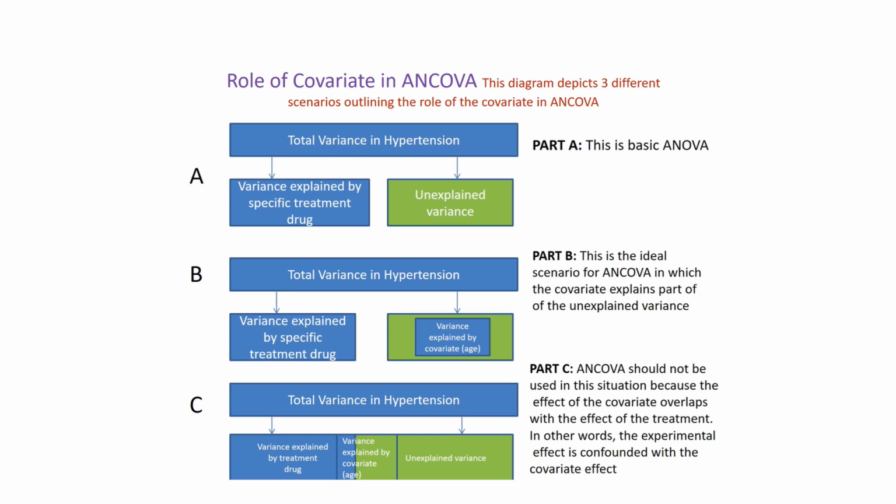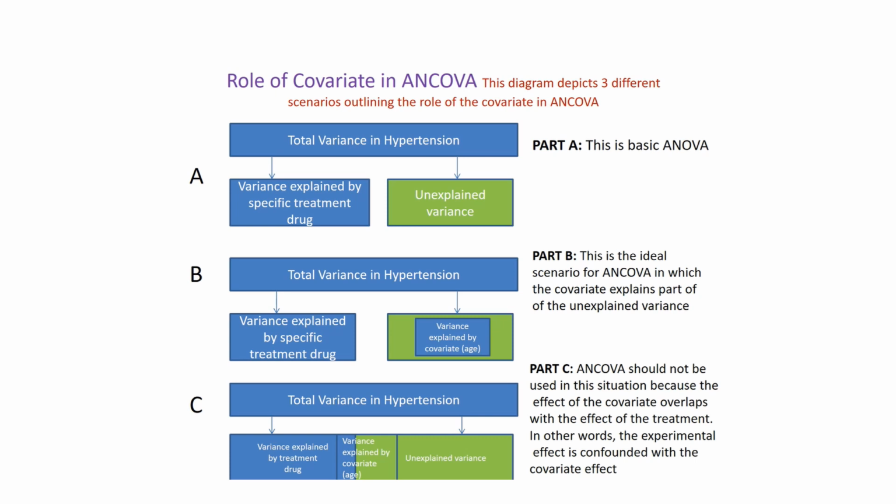The company also wants to control for the effect of patients' initial blood pressure levels. The dependent variable is blood pressure, because it is continuous, the independent variable is the drug treatment, with control and placebo, and the covariate is the initial blood pressure the patient had before the treatment.